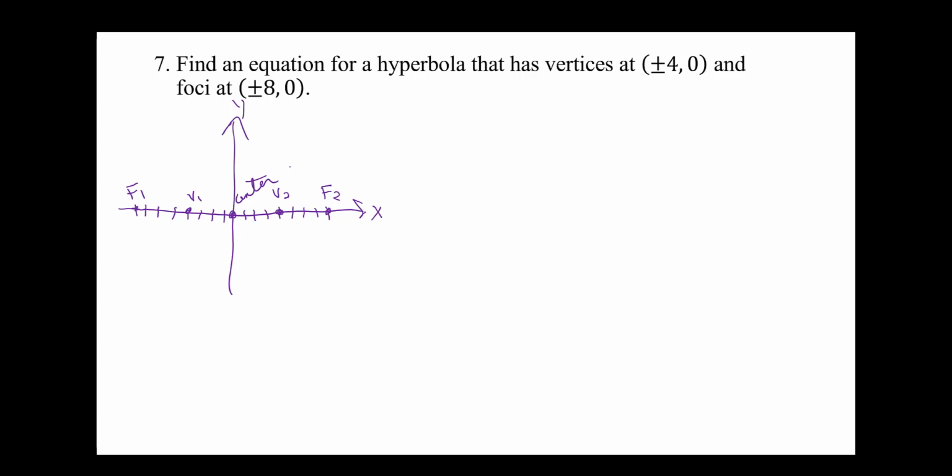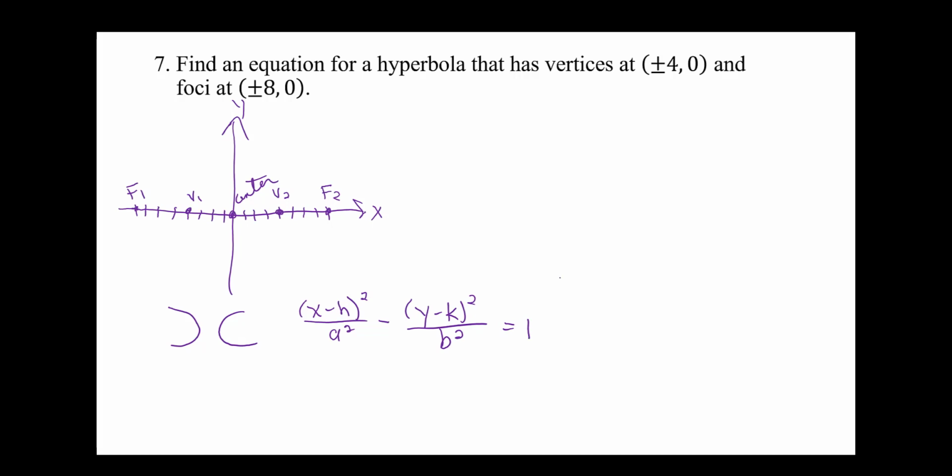If we have our vertices and our foci going in the horizontal direction, then we know that our hyperbola is going to be opening like so. And that tells us what formula we need to use, right? So opening to the left and right means that we're going to use the formula (x minus h) squared over a squared minus (y minus k) squared over b squared equals 1.